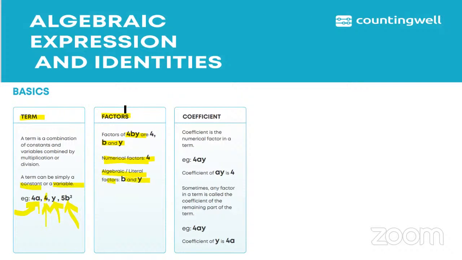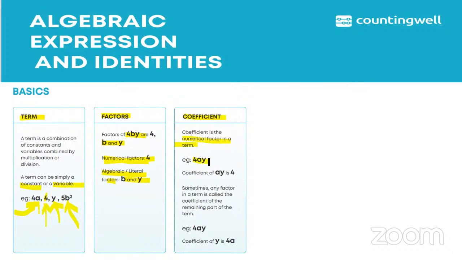So the factors of any algebraic term can be numerical or algebraic factors. Let us see what the coefficient of any algebraic term is. The coefficient is nothing but the numerical factor in a term.